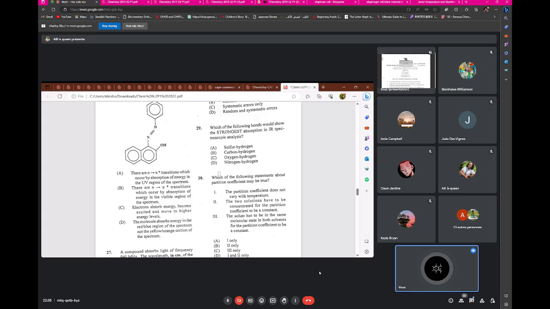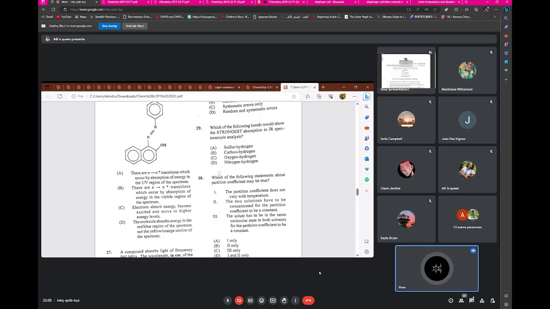For D, it says the molecule absorbs the energy, red and blue. Right? We know that light is produced from a molecule when the light emitted corresponds with a wavelength in a specific area of the visible spectrum. So it should be emission, not absorption. So I don't think D would make sense. If D doesn't make sense, B makes the most sense.